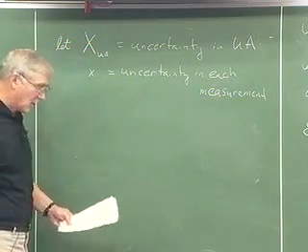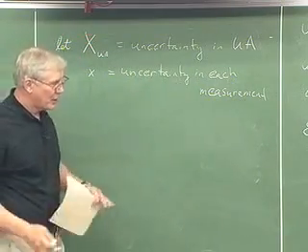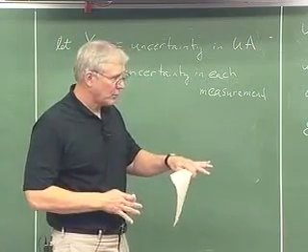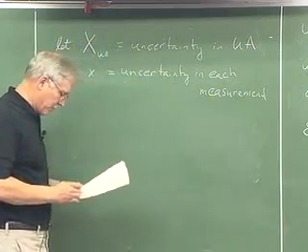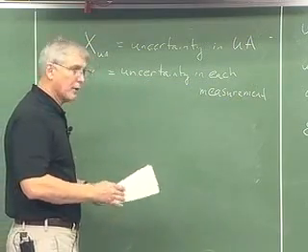Using the root sum square method, then we have to take the partial derivative of each one of these measured terms, multiply it by its uncertainty squared, and then take the square root.